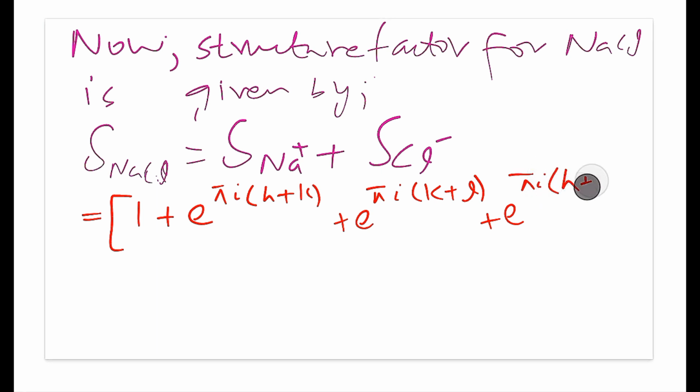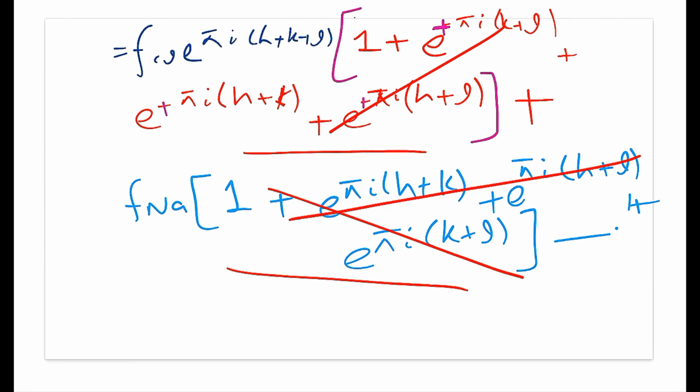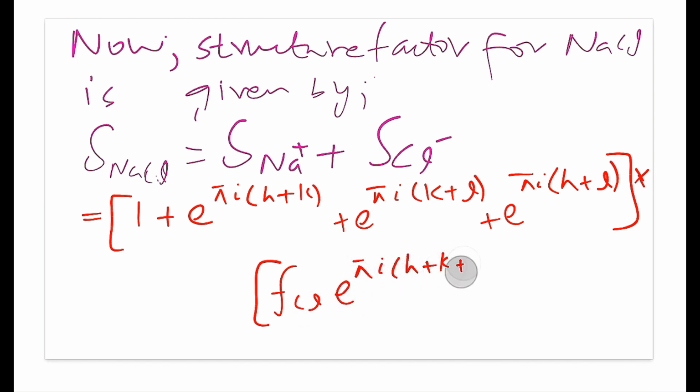I have written it one time here. Now I'm going to write only f Cl, this quantity, plus f Na only. We'll close this bracket, and we have this multiplied by f Cl e to the power pi iota (h plus k plus l).